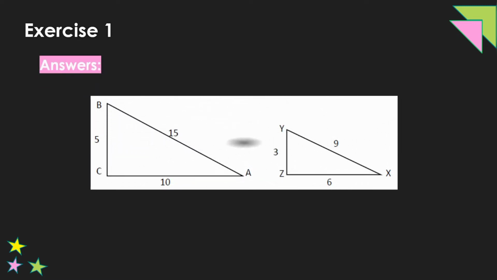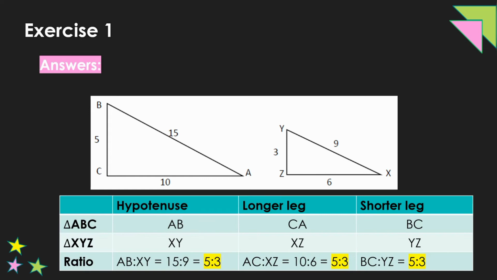Okay, let us check your work. In triangle ABC, the hypotenuse is side AB. Remember that the hypotenuse is the opposite side of the right angle.